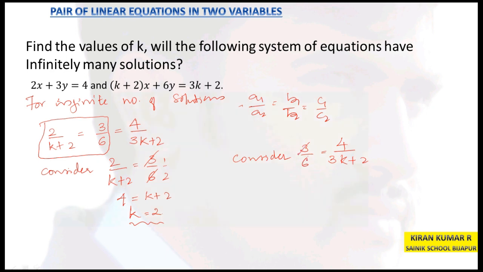Once again, 3 twos are 6. On cross multiplication, we get 3k plus 2 equal to 8. So 3k will be equal to 8 minus 2. The value of k is 6 upon 3, which is equal to 2. So by taking both ways, we are getting the value of k as 2.